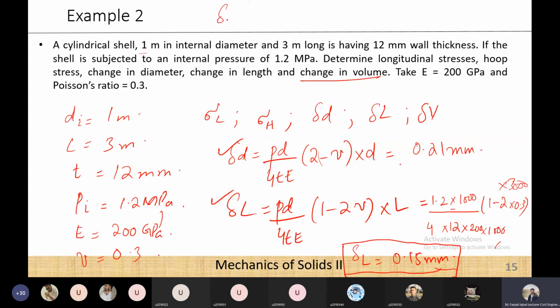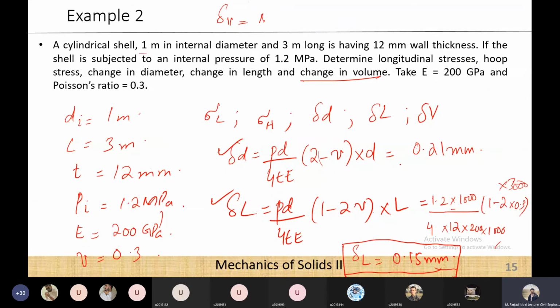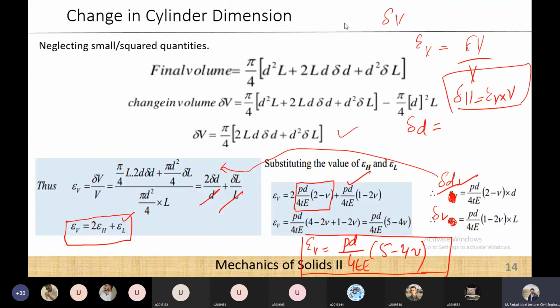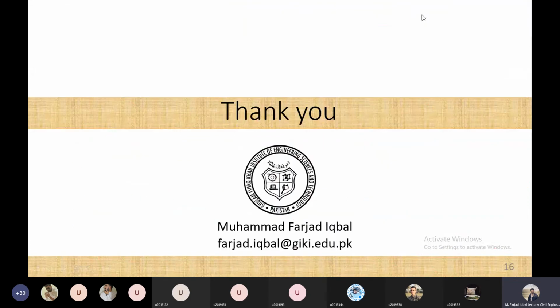So if I use the direct correlation for change in volume, that is pi by 4 into 2LD delta D plus D square delta L. So what will be the volumetric strain using this one? Give me the answer.